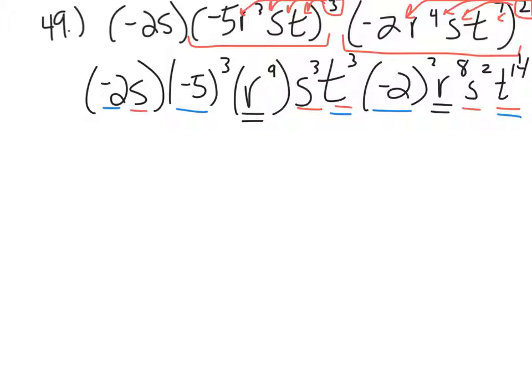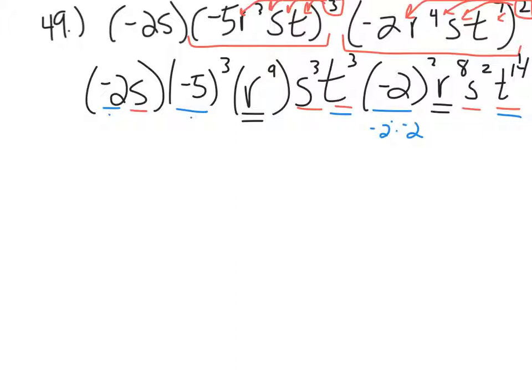So negative 2 times negative 5 to the third. Negative 5 to the third is, sorry, negative 125, because negative 5 times negative 5 times negative 5 is negative 125. 3 negatives make a negative. Times negative 2 squared. Negative 2 squared is negative 2 times negative 2, which is going to give me positive 4.